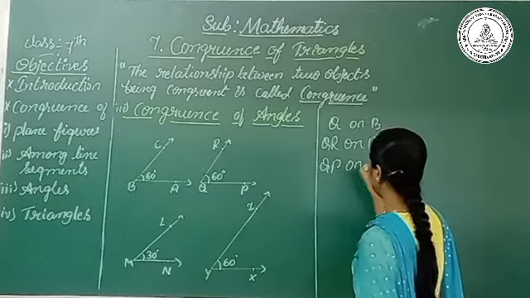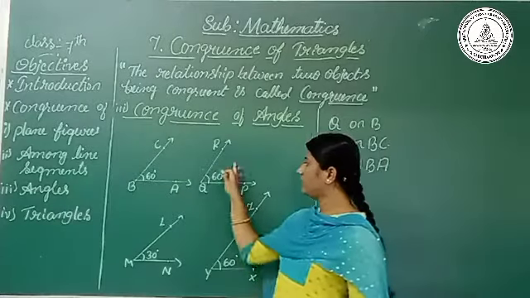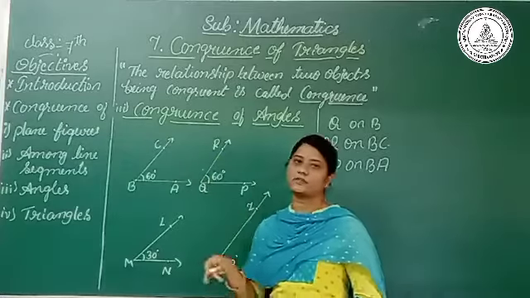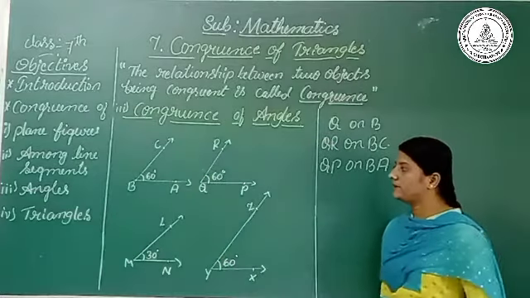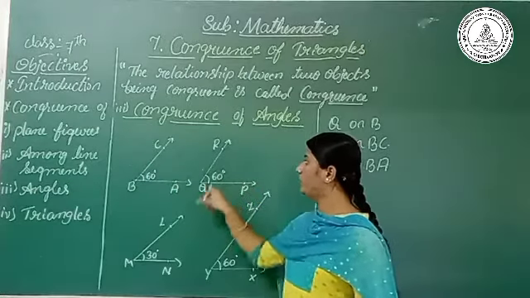You may see here these two angles measure 60 degrees. Then these angles are said to be congruent. That means angle ABC is congruent to angle PQR.